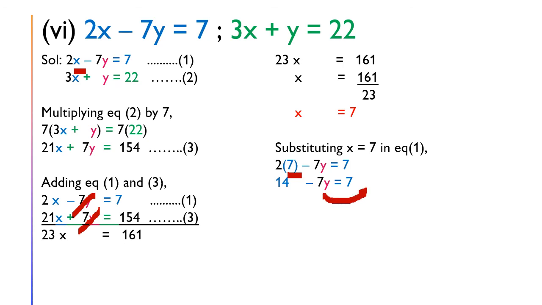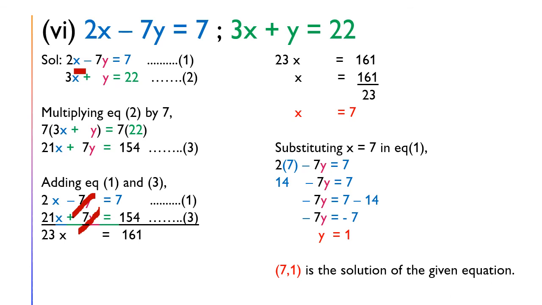So 7 minus 14, which will be minus 7. Now minus into minus will be cancelled and we will be left with 1. So 7 comma 1 is the solution of the given equations.